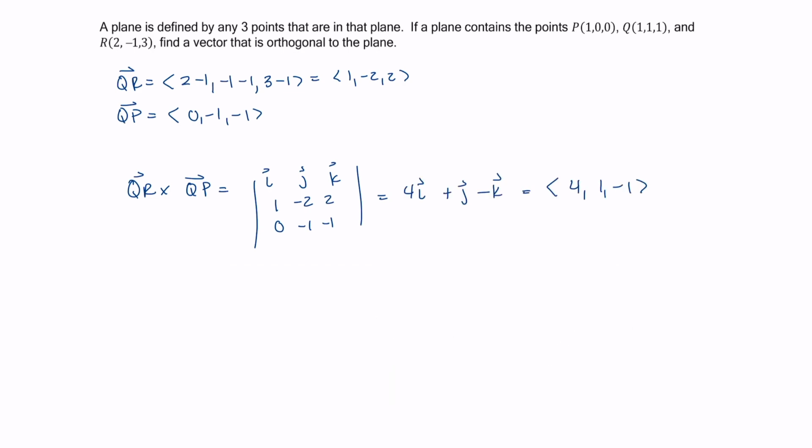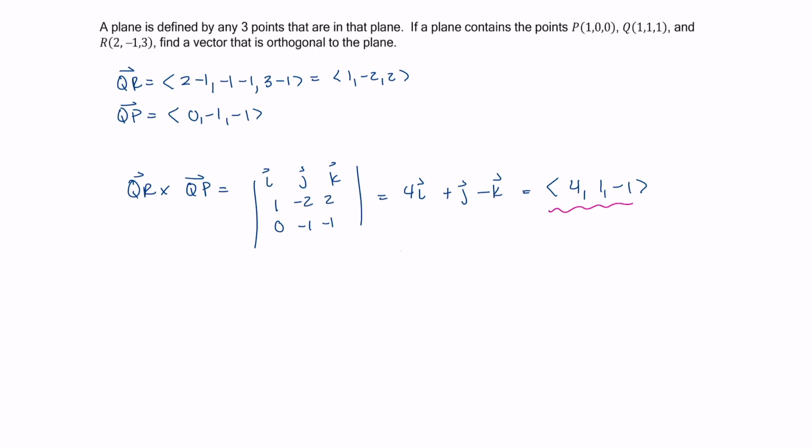All right, you should have gotten 4i + j - k. If you did not get that, make yourself a note here to redo this, and this gives you vector (4, 1, -1).